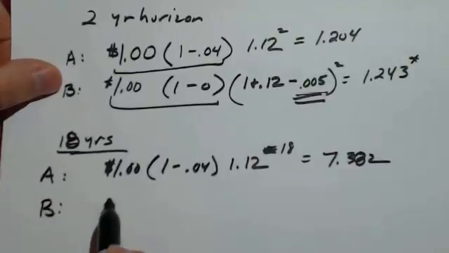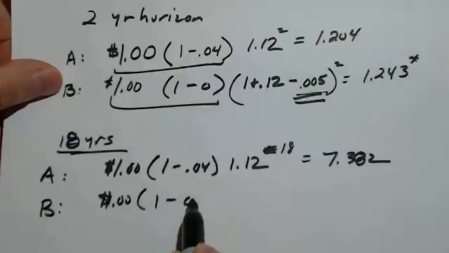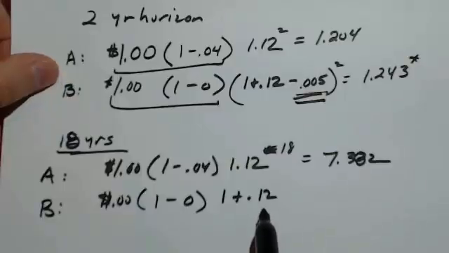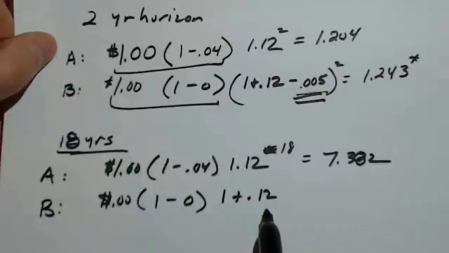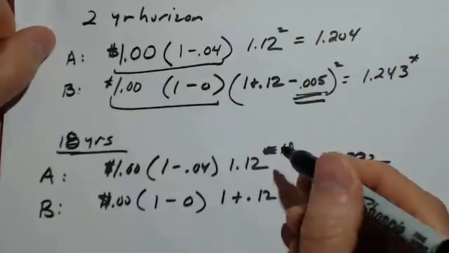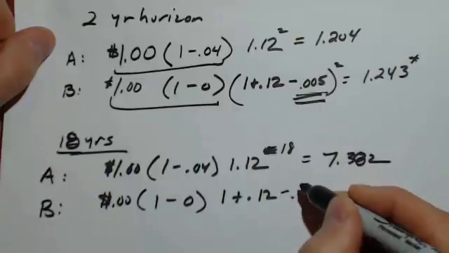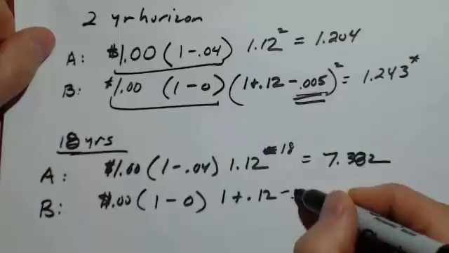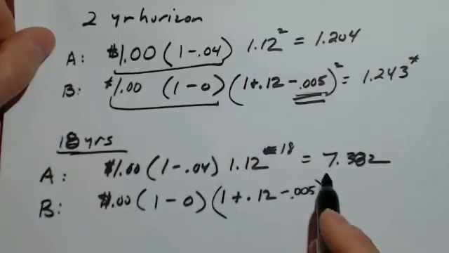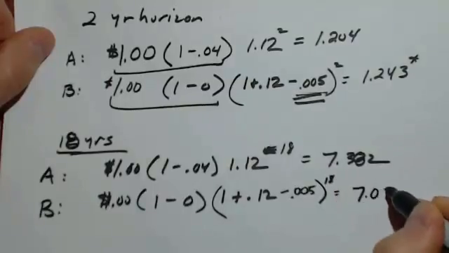Class B shares, now you invest your dollar, right? And there's no fee, and you're earning 12% of your portfolio less operating expenses, minus your 0.5% right here, right? So that's a reduction. Take that to the 18th power, and you end up with 7095.